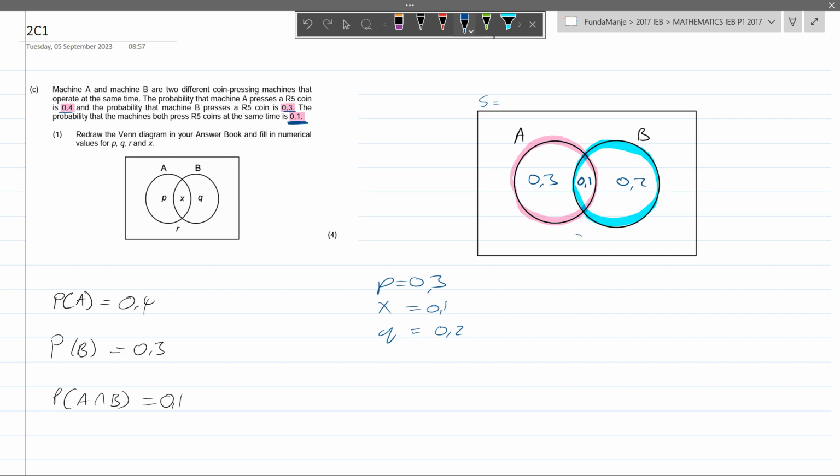That means in order to get to 1, 0.4 lies outside. This 0.4 is the probability of pressing maybe other types of coins, but in this case we are only dealing with the probabilities of pressing a 5 Rand coin. So everything that's not within these circles lies outside. In that case, R would be 0.4.